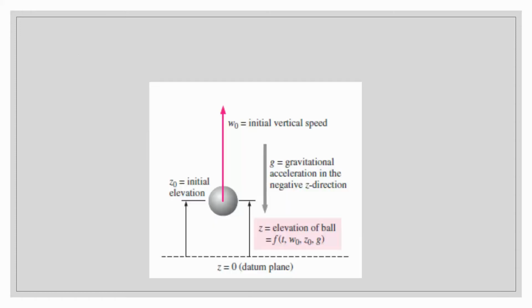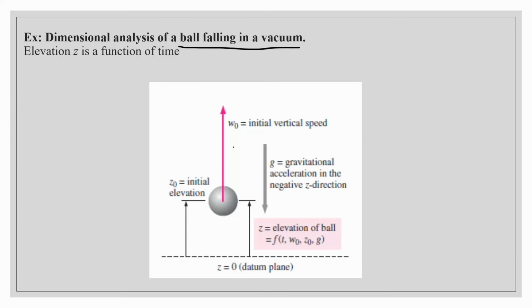Now we will consider another example. It is a problem of a ball falling in a vacuum. If we want to do the dimensional analysis, we have to see which variable depends on which variable.